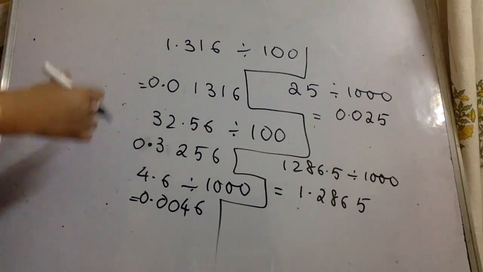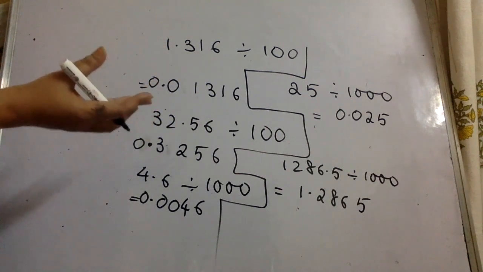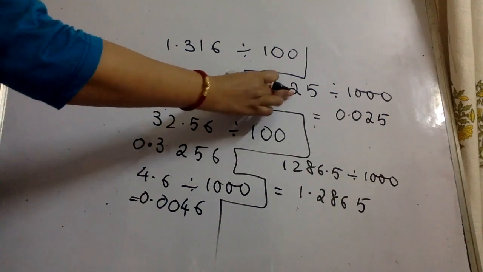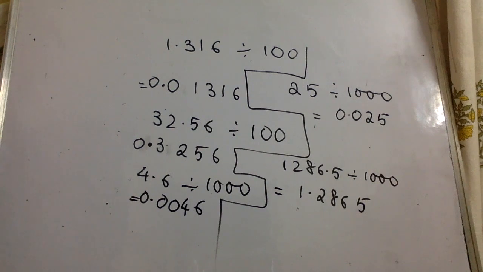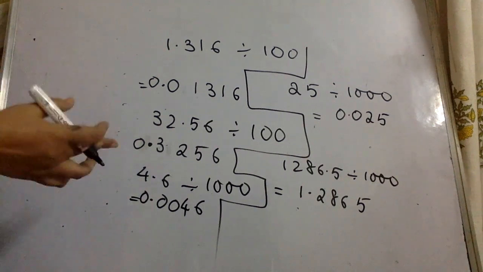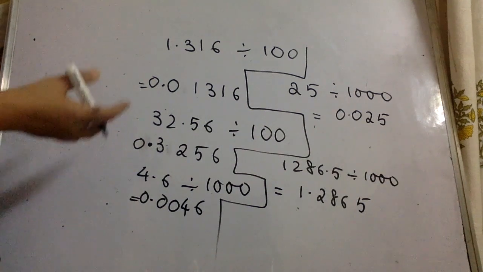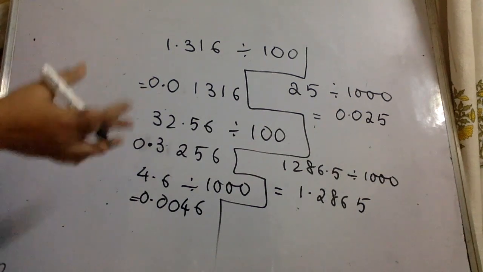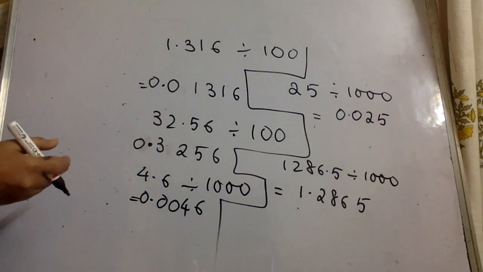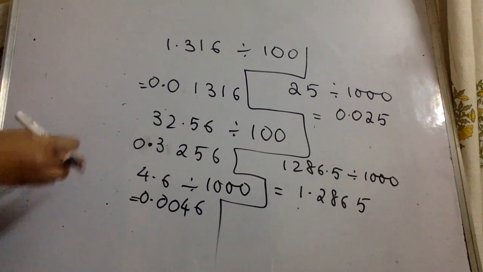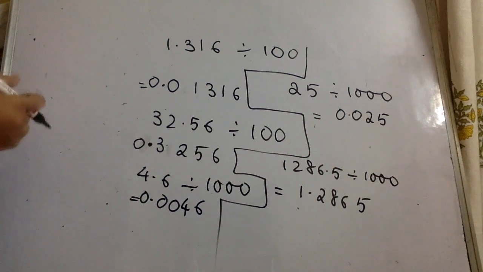Whenever a number is being divided like this, it applies for decimal numbers as well as non-decimal numbers. You can apply it everywhere. So if you come across any question where you have to divide a number by a power of 10, that is 10, 100, 1000 or even more, if you have 4 zeros, you shift 4 places. You must apply this method and not do a long division.